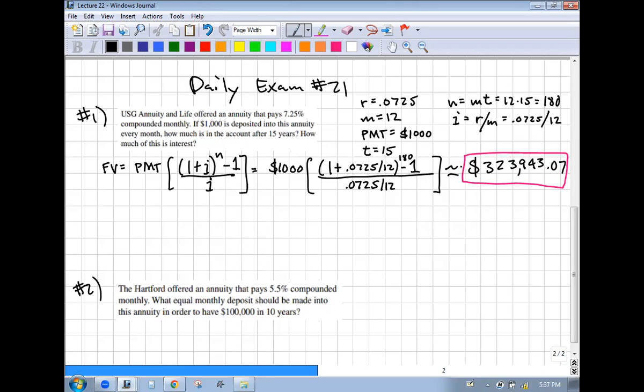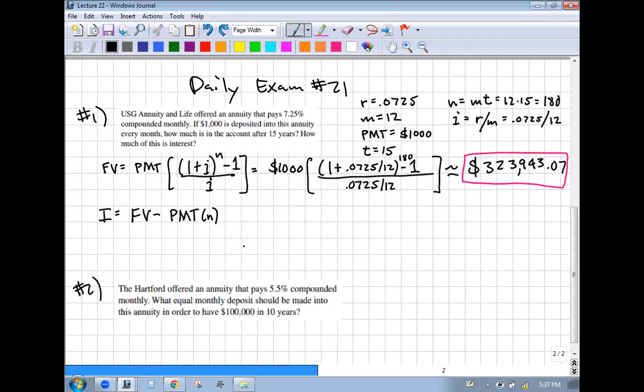So that's how much it's worth, but we also need to answer how much of it is interest. Well, the interest is going to be this future value minus all the money that we put in. And the money that we put in is the payments times the number of payments we've made. Does that make sense? $1,000 a month times 180 months is how much we paid in.